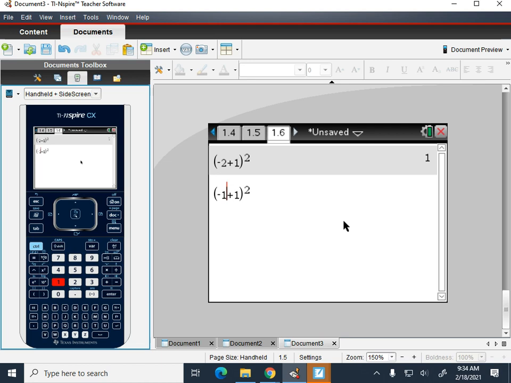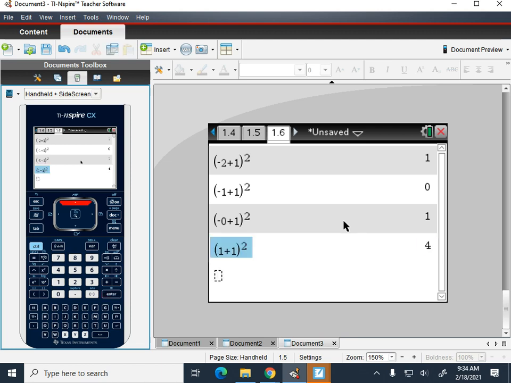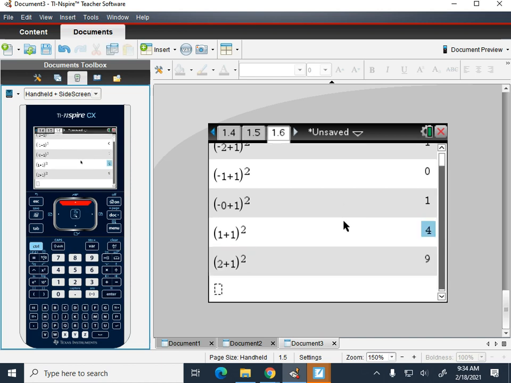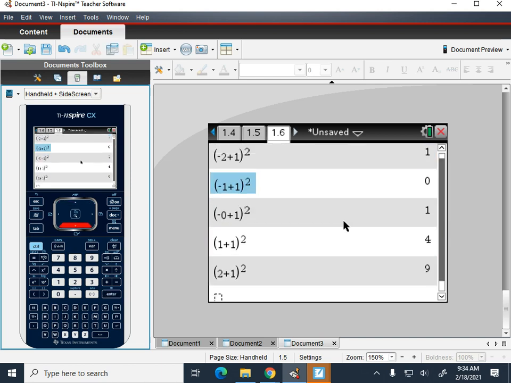Negative 1 plus 1 is 0. Squared is 0. I'll put in 0. Plus 1 is 1. Squared is 1. 1 plus 1 is 2. Squared is 4. 2 plus 1 is 3. Squared is 9. So we have 1, 0, 1.